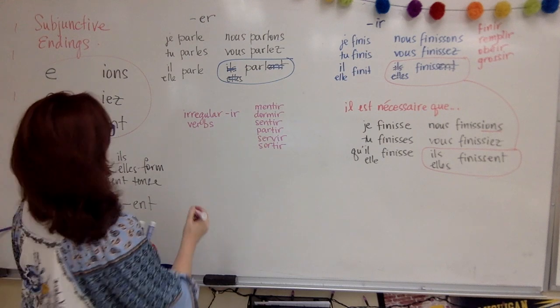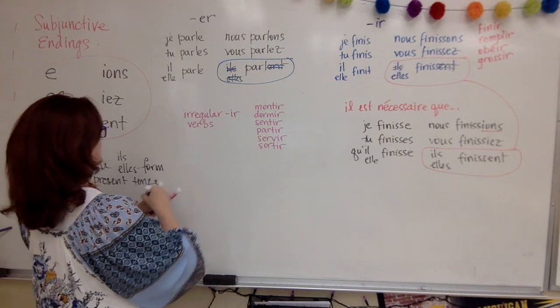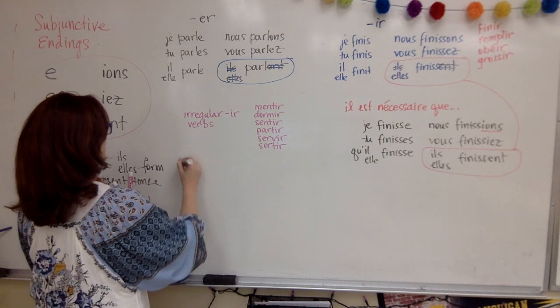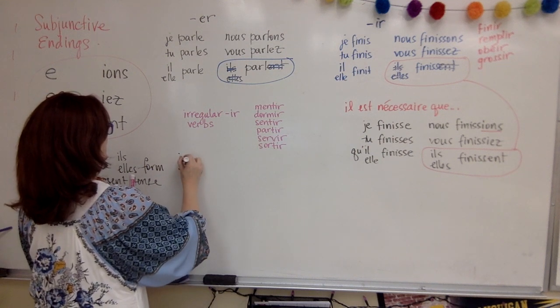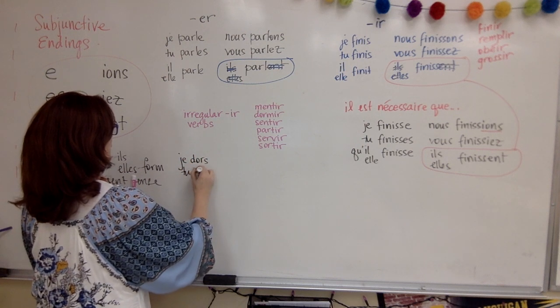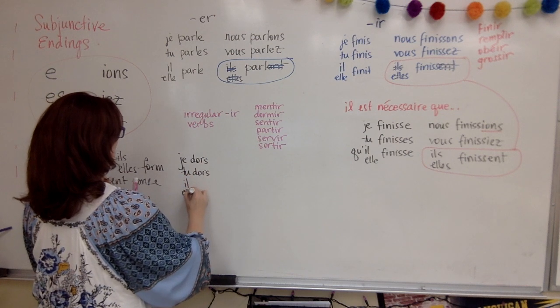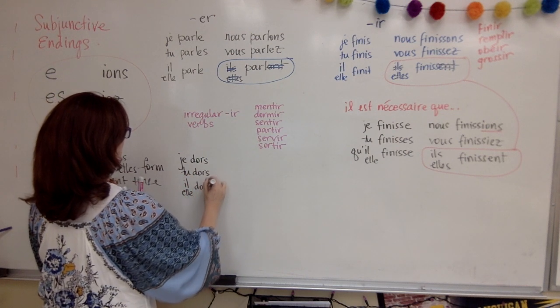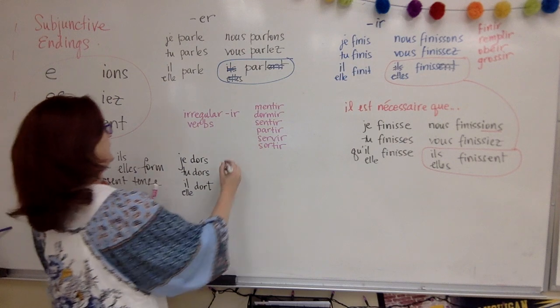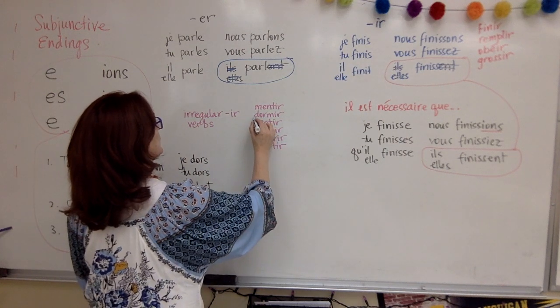So how do we conjugate them? Let's do them in black. Je dors, tu dors, il or elle dort. So it's SST. And then, so we're looking at this verb here, dormir.